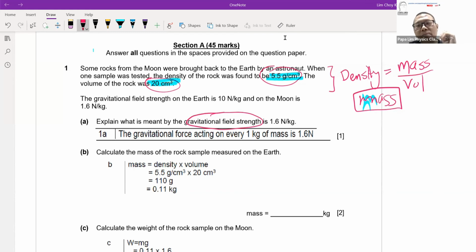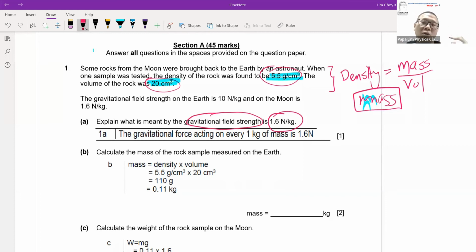But in the papers that you see more often, when we ask for a definition, we do not want the generic definition. For example, when we ask to define gravitational field strength, I will pack in context, such as 1.6 Newton per kg. I'm not looking for the generic definition, force per unit mass acting on the object, but rather the definition with respect to the question.